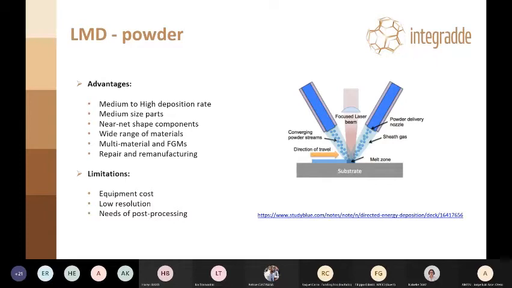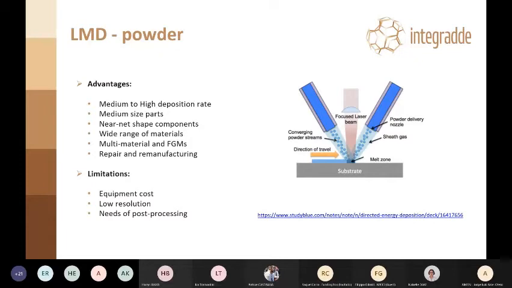The main advantages of LMD powder are that we can get medium to high deposition rates. Also, we can produce medium-sized parts. They are near net shape components, so we will need further surface finishing.